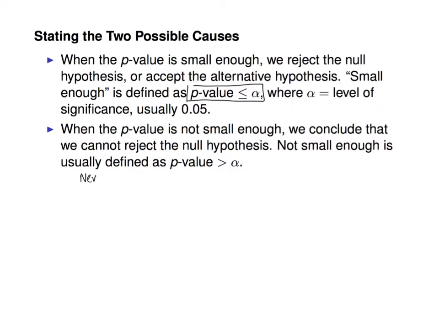This never means H naught is true, kind of like not guilty doesn't mean innocent. You could have failed to reject H naught because your sample size was too small, for example. Or it could have just been a weird sample where you made a mistake.